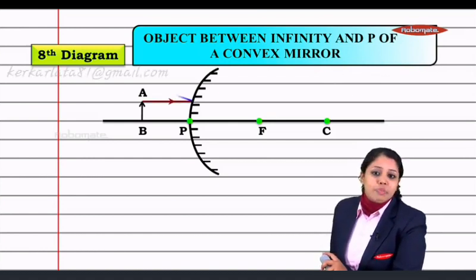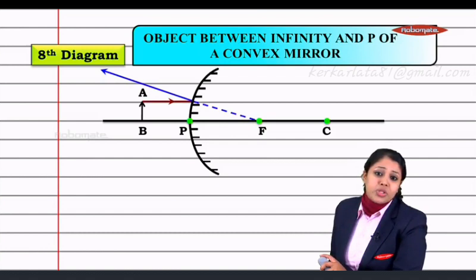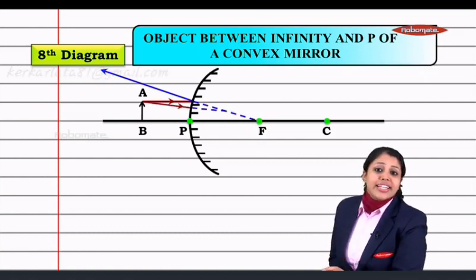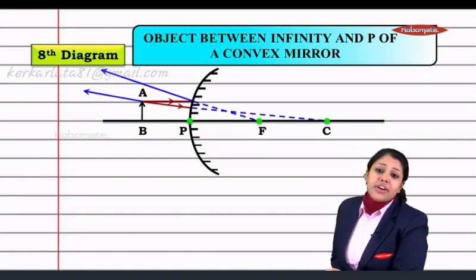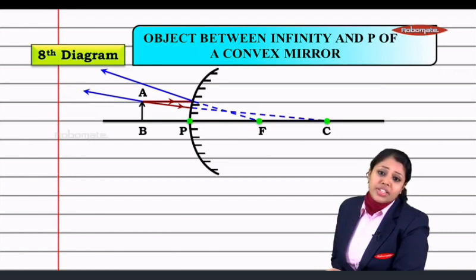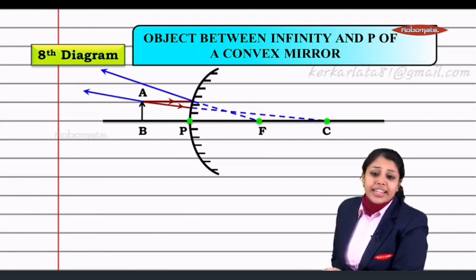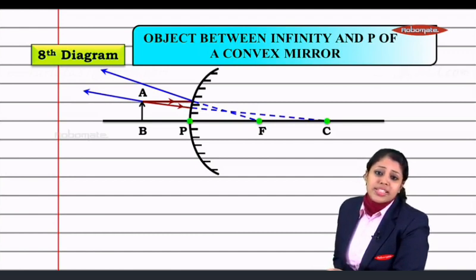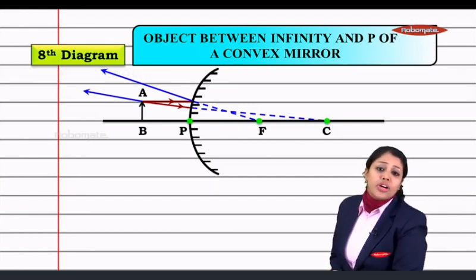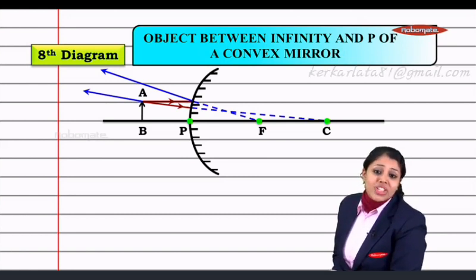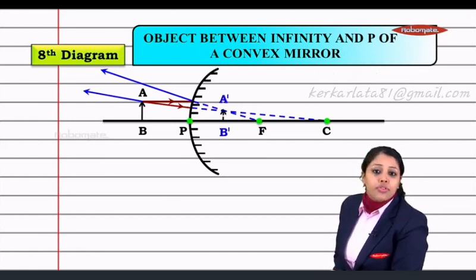If the incident ray is parallel, then the reflected ray appears to come from the focus. Second rule, again, if a ray is incident towards the center of curvature, then the reflected ray again comes from the center of curvature. After applying the 2 rules, where are the 2 rays meeting? They are meeting between pole and focus, so I'll get an image there between pole and focus.